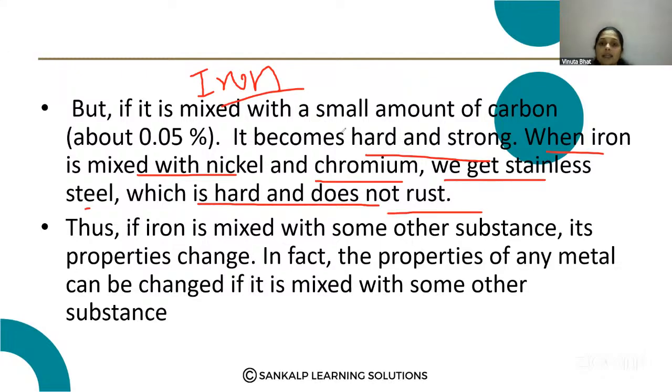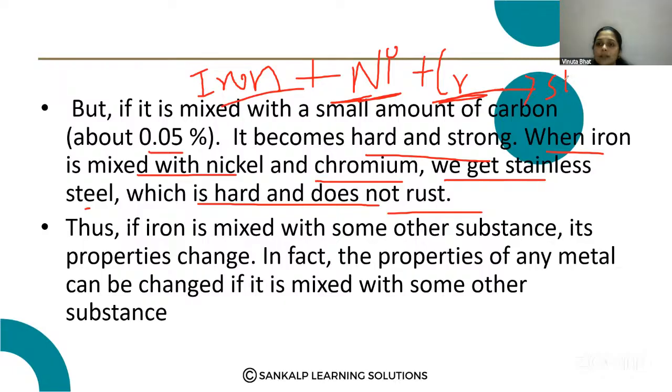So commonly, the iron we use is mixed with a very low amount of carbon, then it becomes hard and strong. For iron to become hard and strong, it is mixed with carbon, 0.05 percent. If the iron is mixed with nickel and chromium, Ni and Cr, we get stainless steel.